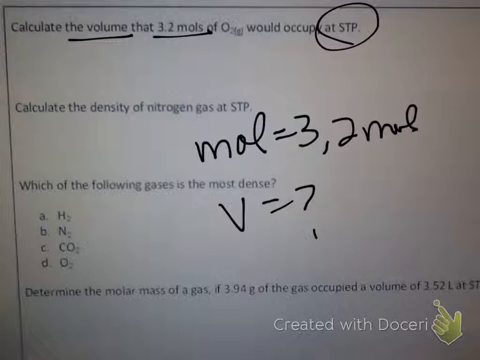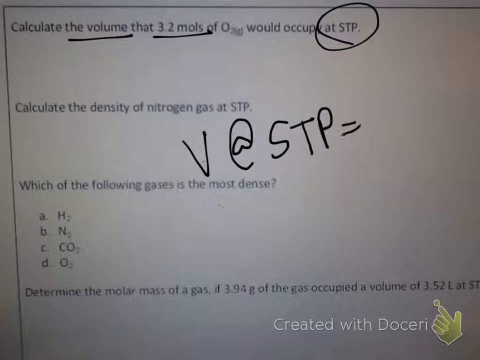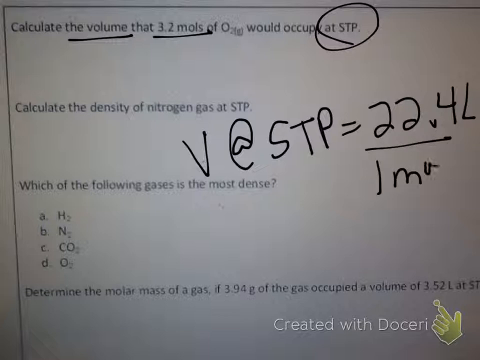Do we have anything that can convert moles to volume? We don't have an equation with just moles and volume. But what you do have is the conversion factor for molar volume. The volume of any gas at STP is 22.4 liters for every 1 mole.